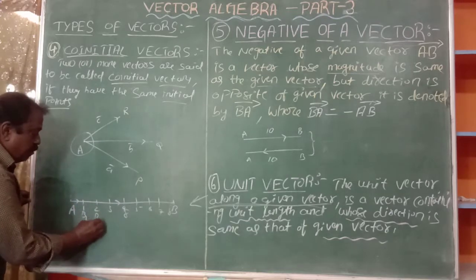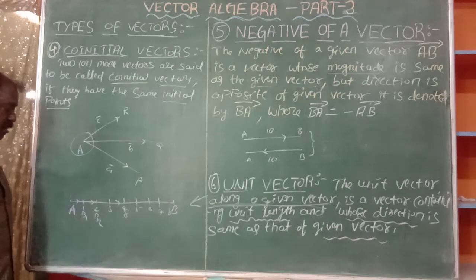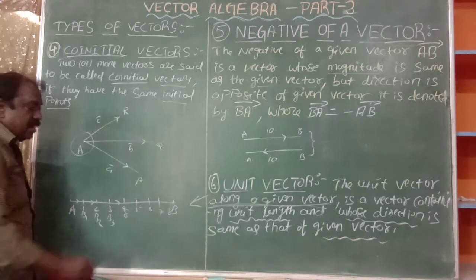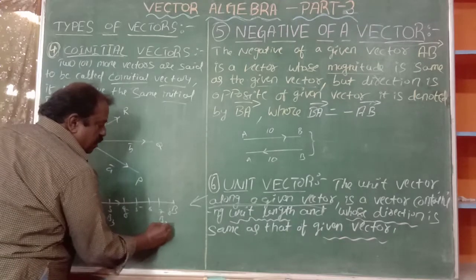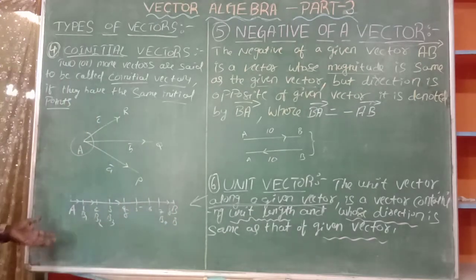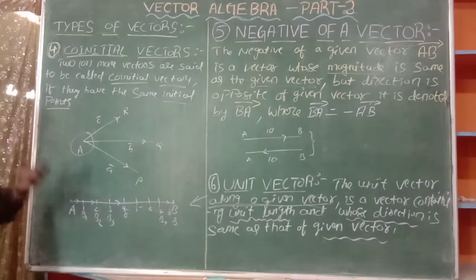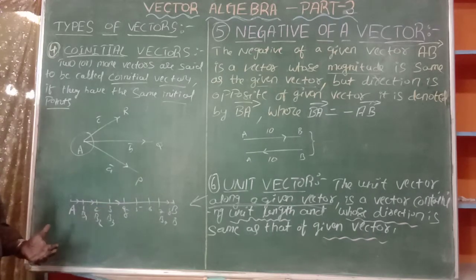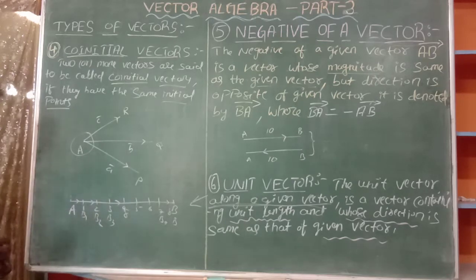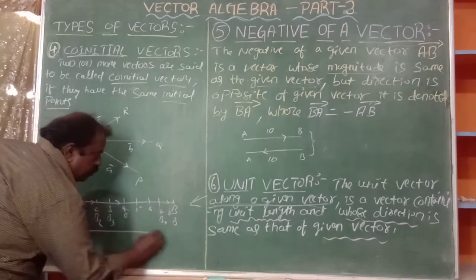Here also B1 B2 is a unit vector. B2 B3 is a unit vector. Like that, B7 B is a unit vector. But very clearly, the vector is there. Its length, whatever it may be, in the same direction or parallel to the direction.